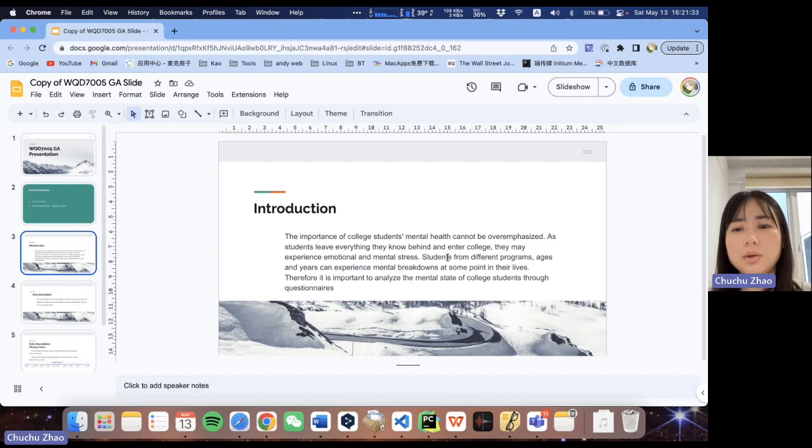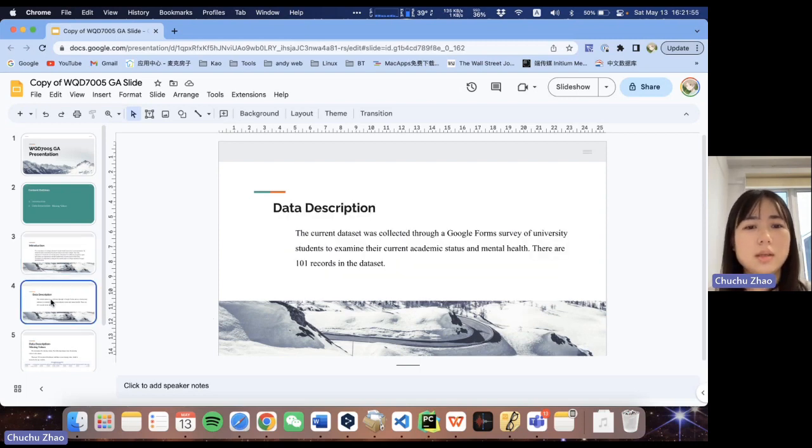Students from different programs, ages, and years can experience mental breakdowns at some point in their lives. Therefore, it is important to analyze the mental state of college students through questionnaires.